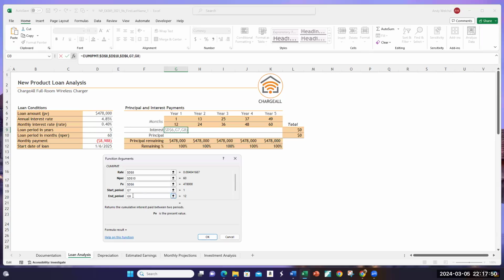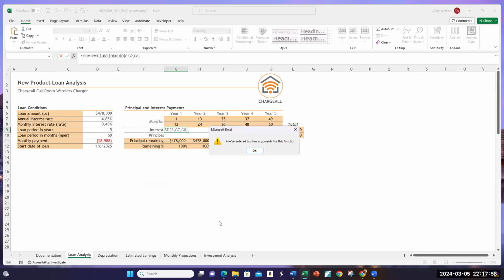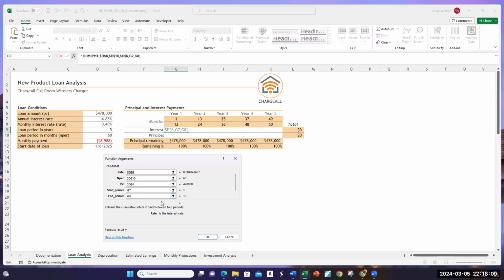We don't need dollar signs here because as we drag across, we do want it to refer to this and this and this and this. Hit OK. Oh, I haven't finished, I guess. Oh, type. Type needs to be 0. Let's go back and edit our formula. It's not even giving me a window for type.